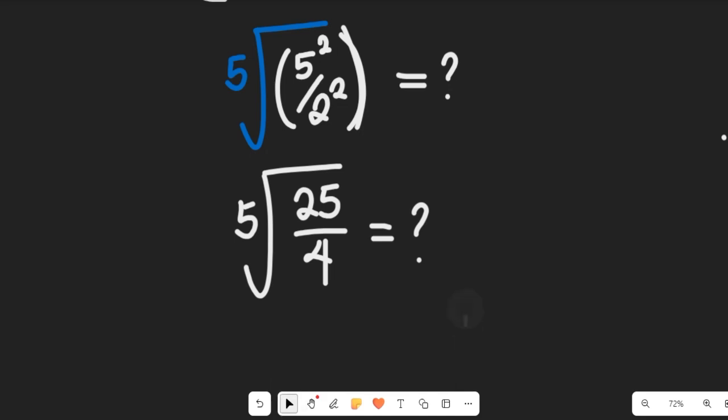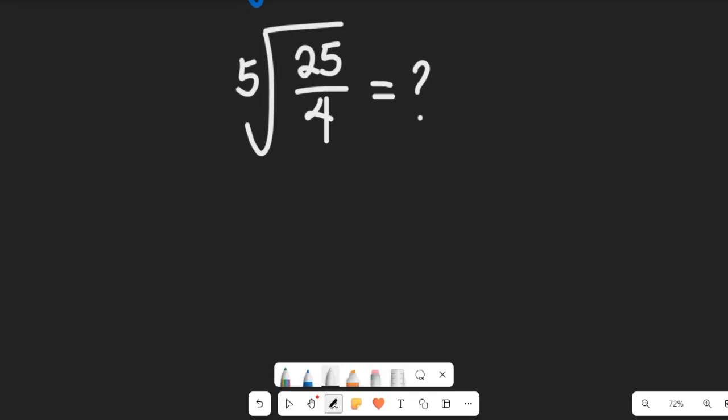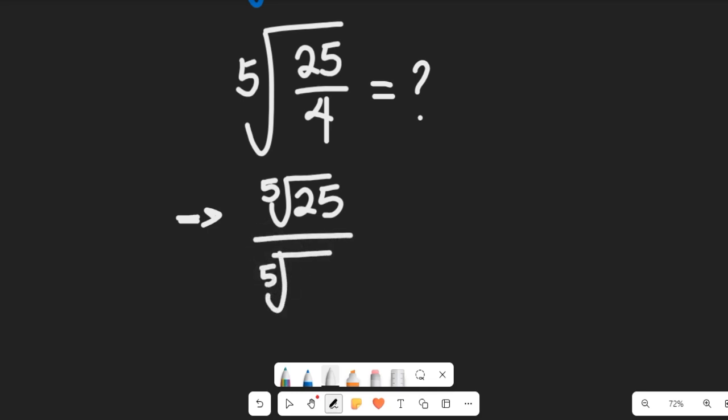But before using that law of indices, recall that I can return this back to what it was originally, and this will become the fifth root of 25 divided by the fifth root of 4. And this will give me what?